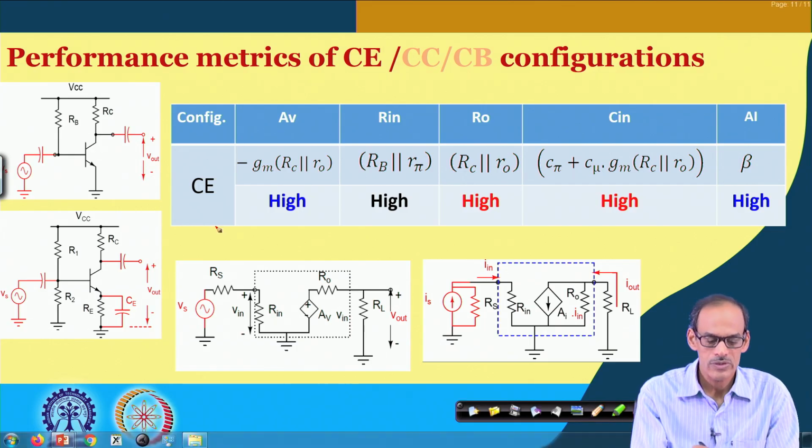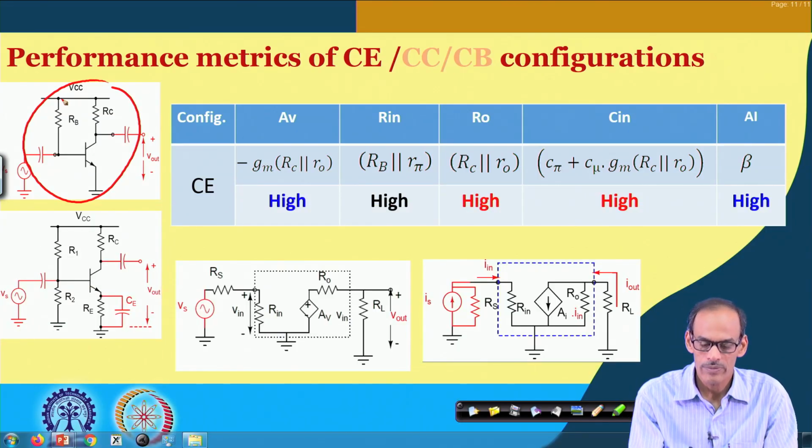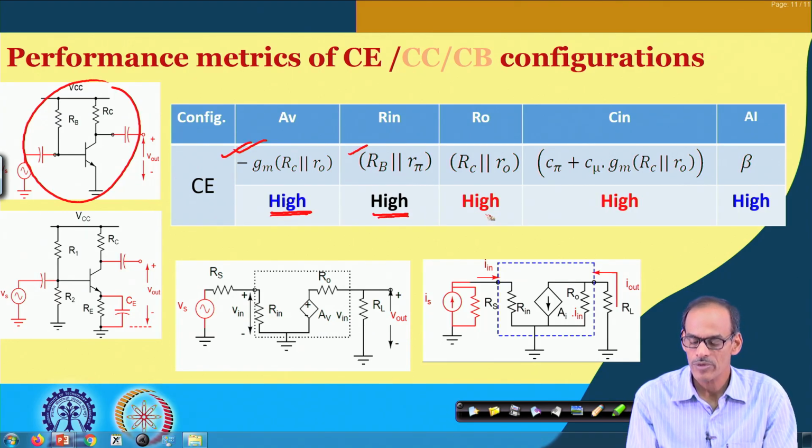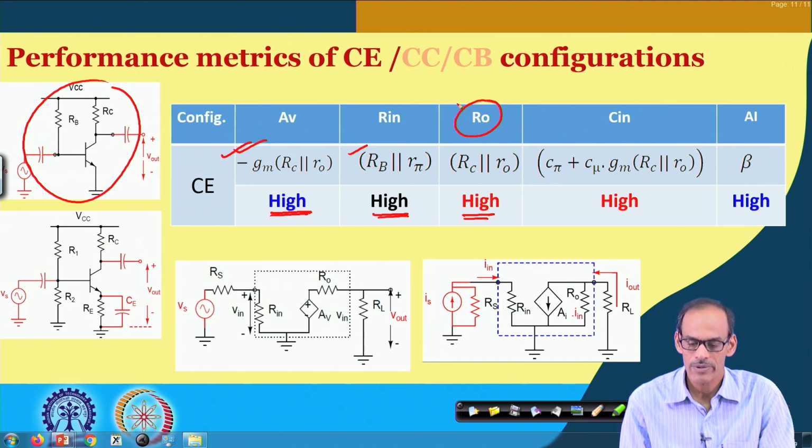This is the basic CE amplifier configuration, and we also have different performance metrics and their expressions, and qualitatively we say that some of them are high, some are not so high. In fact, even though RO is high, it is not good for a voltage amplifier. Those kinds of discussion we already made.